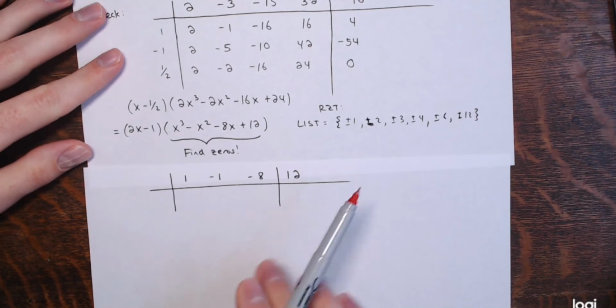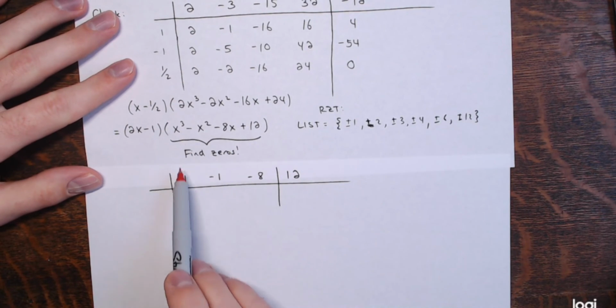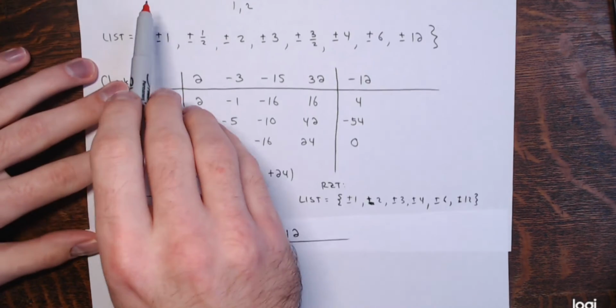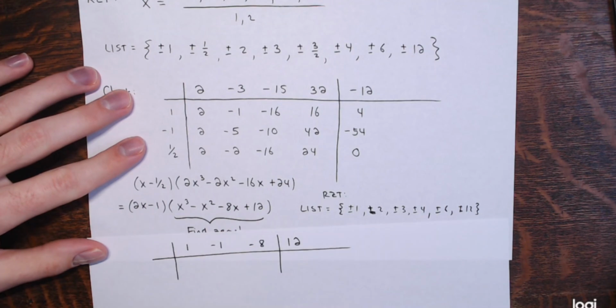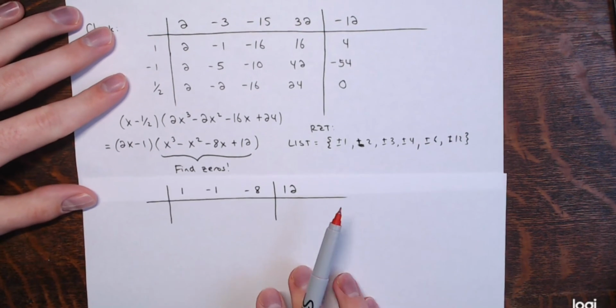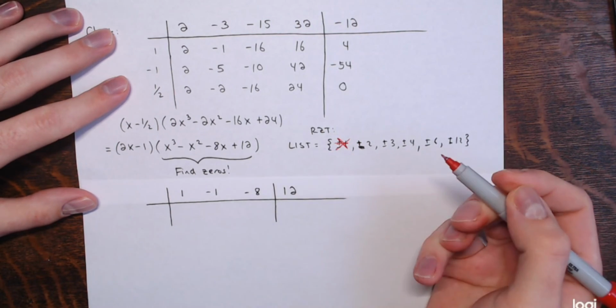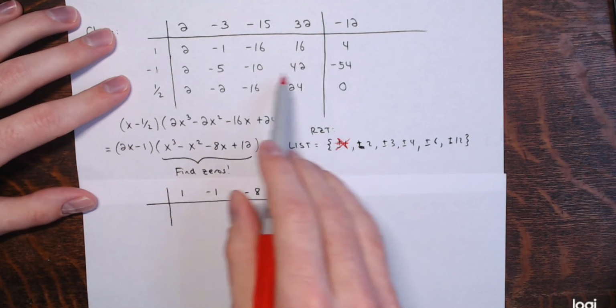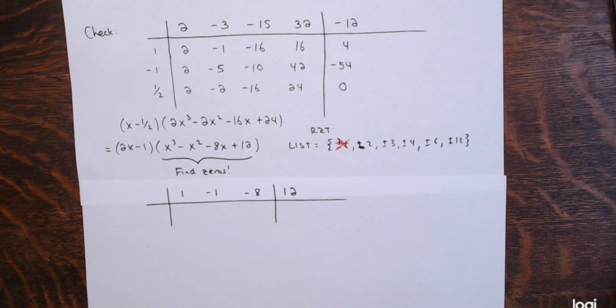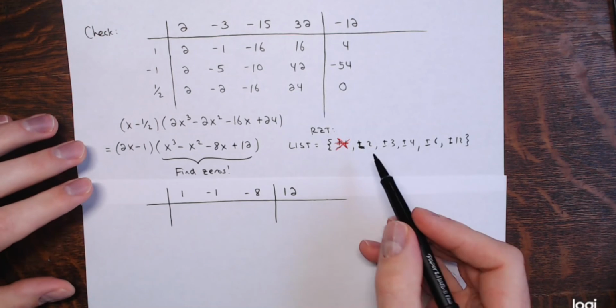Because if 1 was a 0 of this polynomial, it would have been a 0 of the original one too, because this is a factor. So I don't need to look at 1 and negative 1 again, right? That cuts down my list, which is nice. Now I just have these other integers to check.